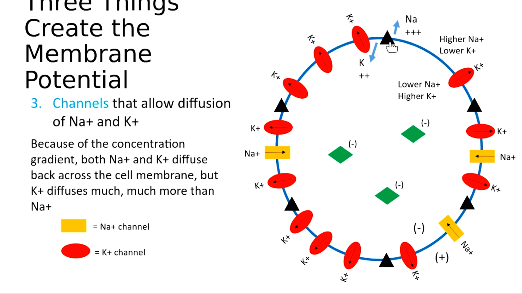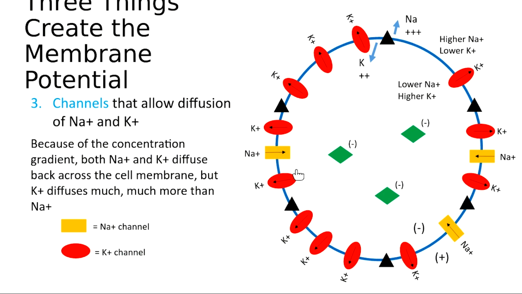The sodium-potassium pumps are pumping more positive charge outside than inside. We've got these negatively charged proteins on the inside that are lending themselves to making the inside negatively charged. And then we've also got diffusion going on as well, but we've got much more positive charge diffusing out of the cell than we have positive charge diffusing into the cell.